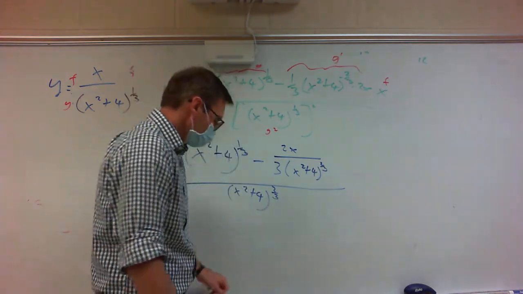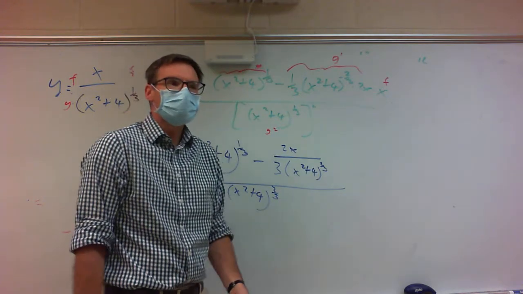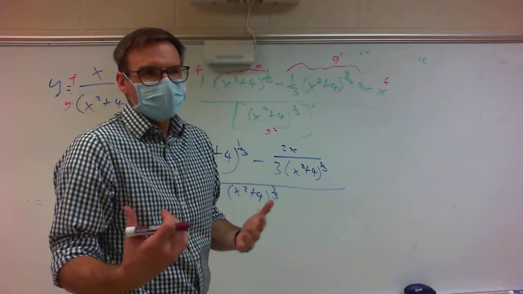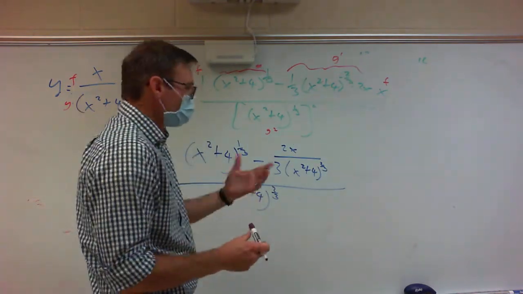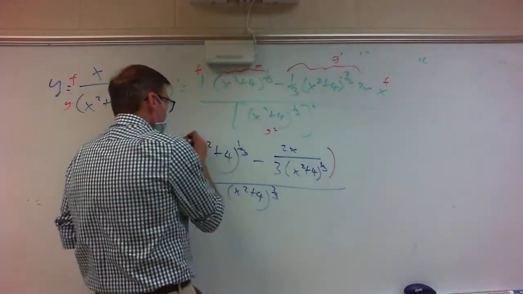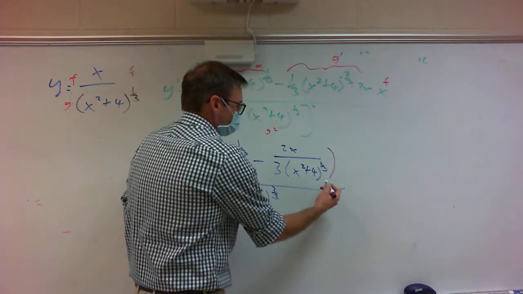Well, here's the trick. I'm going to call this kind of an advanced algebra trick. Your pre-calc teacher may have done it, your algebra teacher may have done it. But here's the trick. Anytime you have a fraction, you're allowed to multiply top and bottom by the same thing.